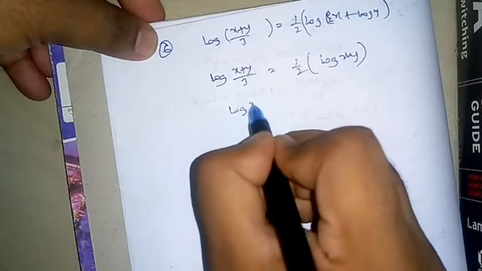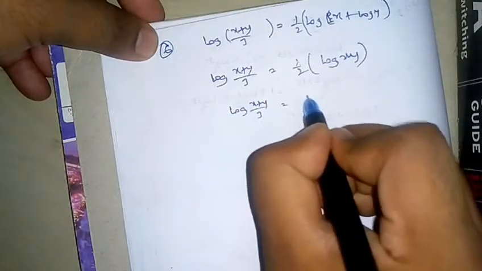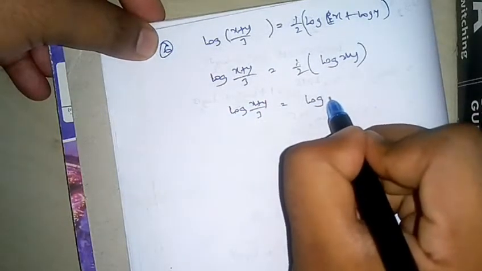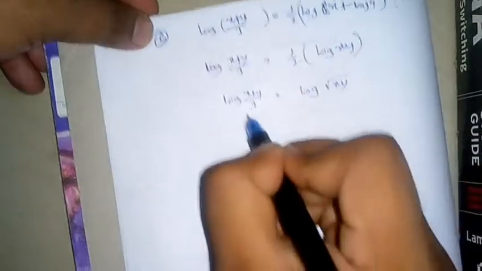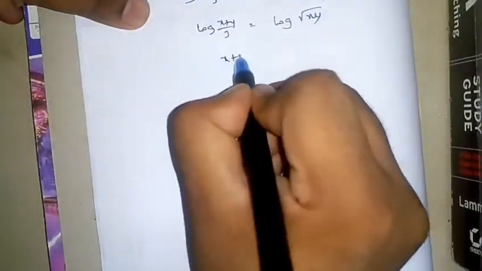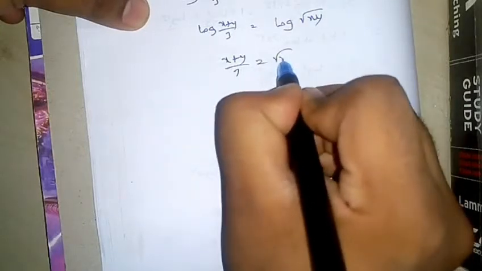So log (x plus y) by 3 is equal to log root xy. Now your bases are equal, so (x plus y) by 3 is equal to root xy.